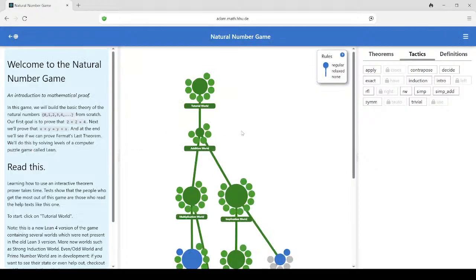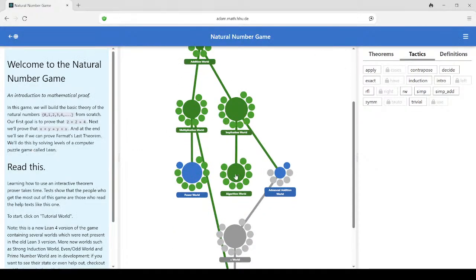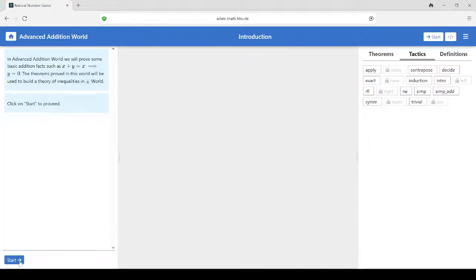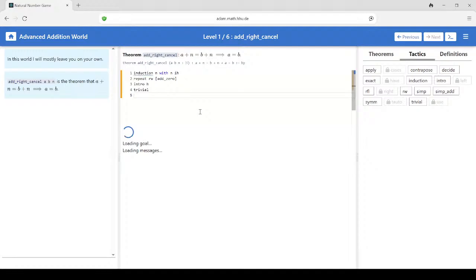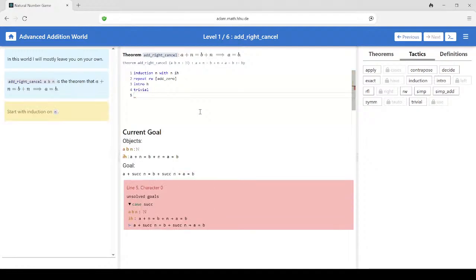Yes. So algorithm world is a separate branch from this one, so I'm pretty sure I shouldn't have to use it in this one. It's just a shortcut, it's not something I'll have to use, so we won't use it.